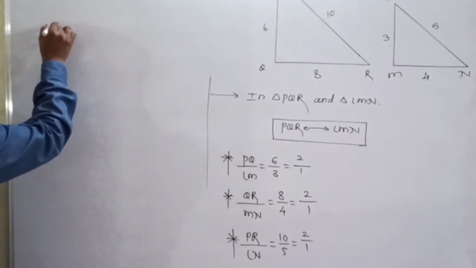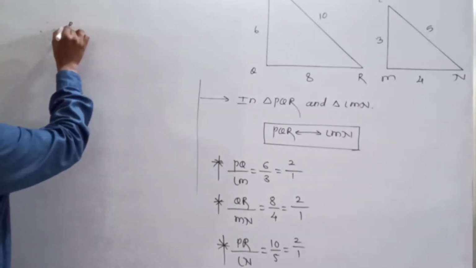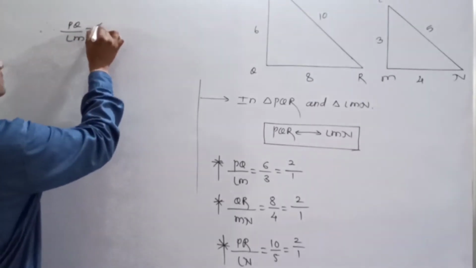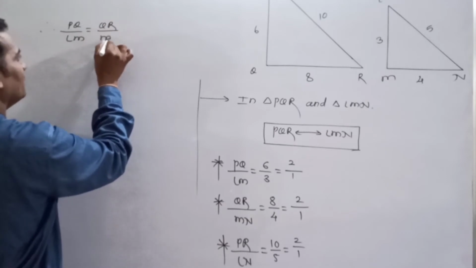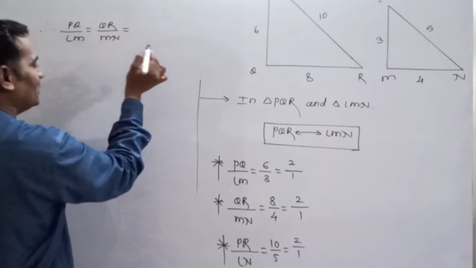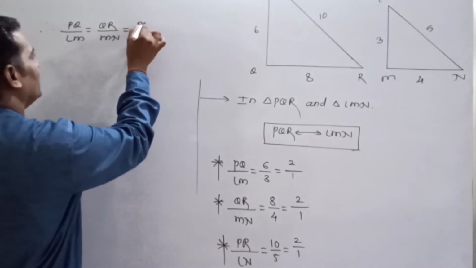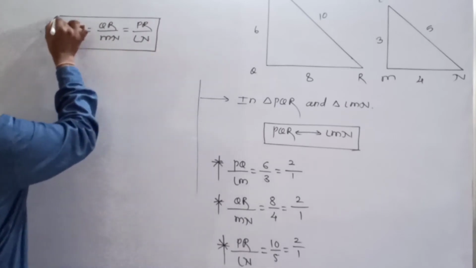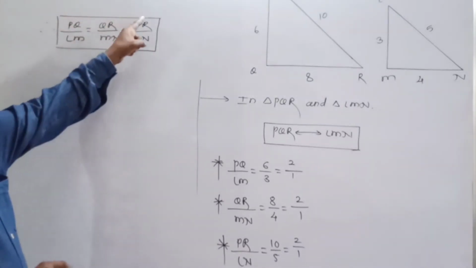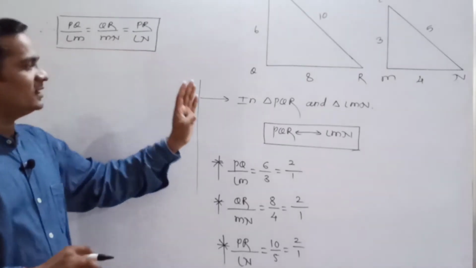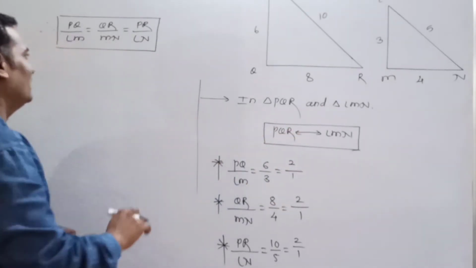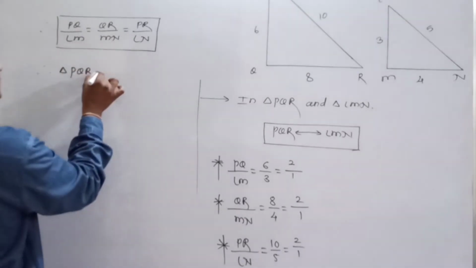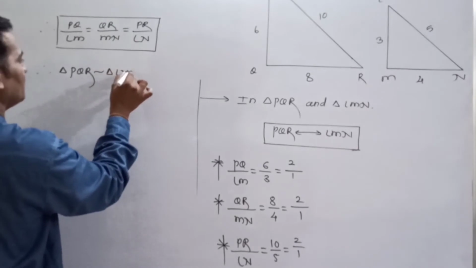So we can write here, therefore PQ upon LM is equal to QR upon MN, the second ratio, and the third ratio is also equal, that means PR upon LN. Now this indicates that the three sides of the first triangle are in proportion with the corresponding sides of the second triangle. Therefore triangle PQR is similar to triangle LMN.